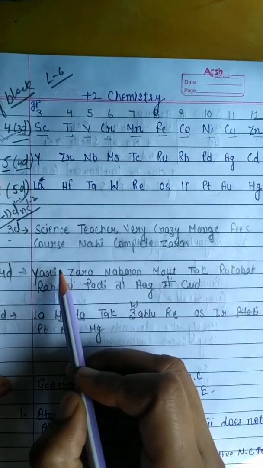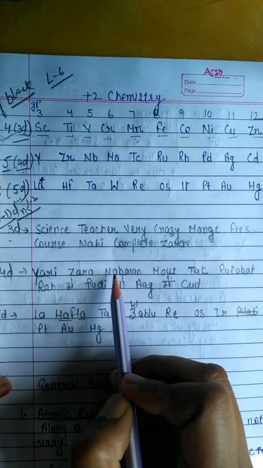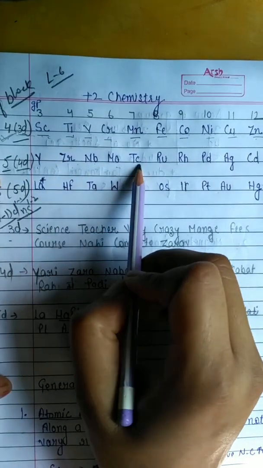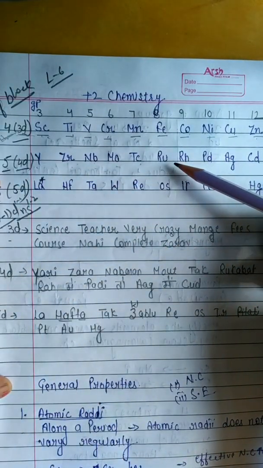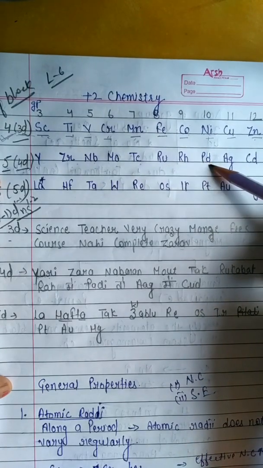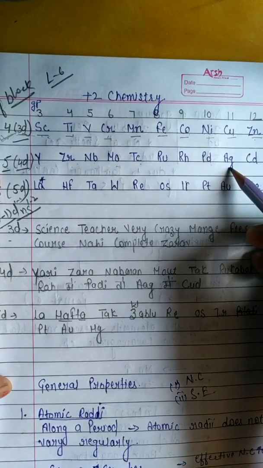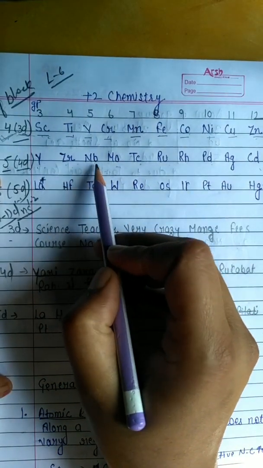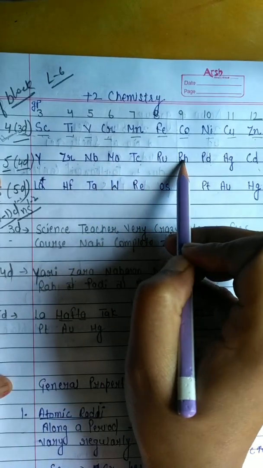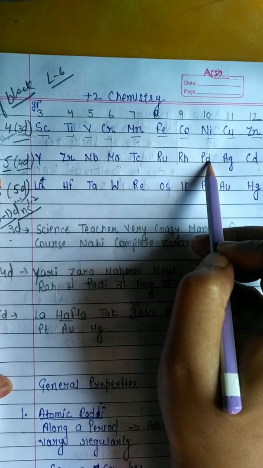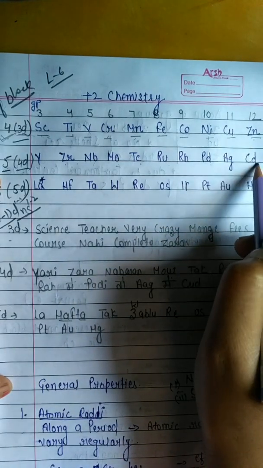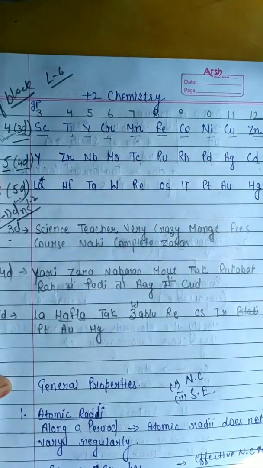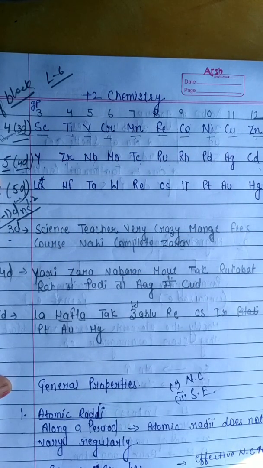How can we remember? यारी जरा निभाना मौत तक, रुकावट राह में पड़ी तो आग में कूद. This is a way to remember the 4d transition elements.